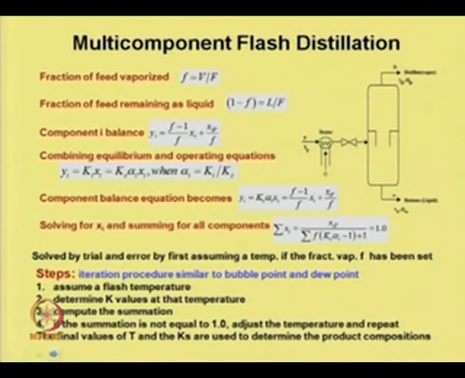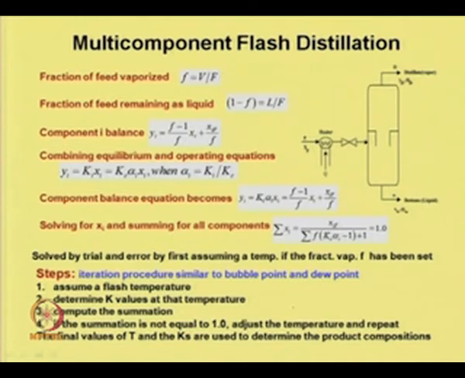Now, we will discuss multi-component flash distillation. This is a typical flash distillation column we have discussed before. We have a heater, and the feed is heated and flashed inside a distillation column, and then we have a distilled vapor and the bottom liquid.